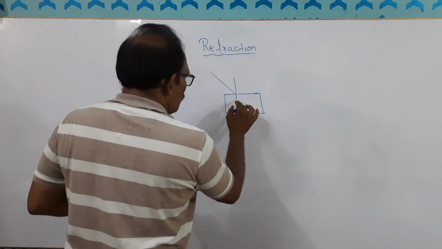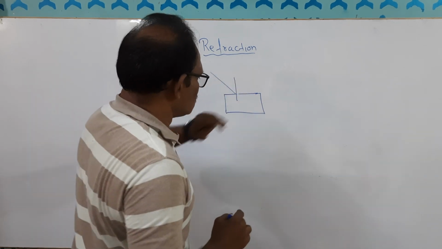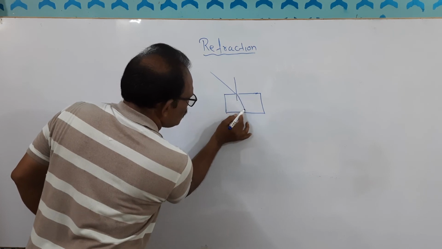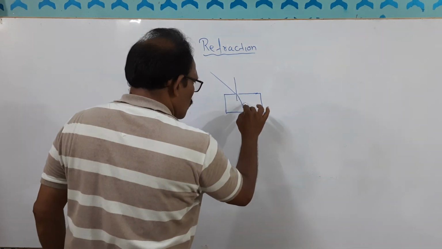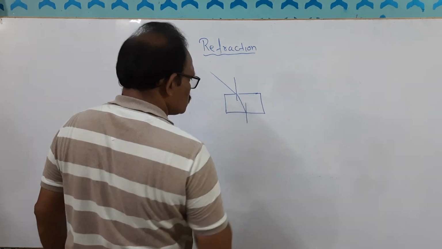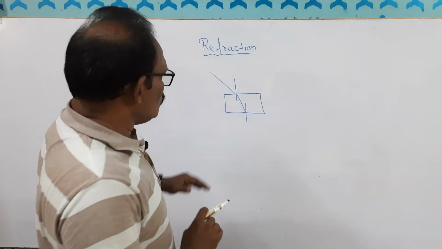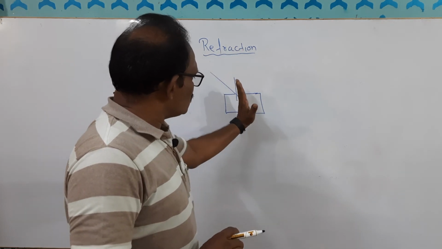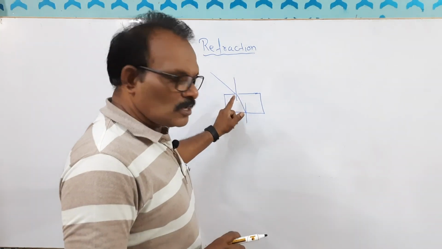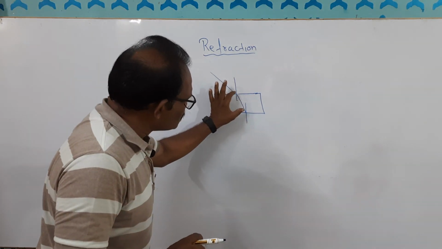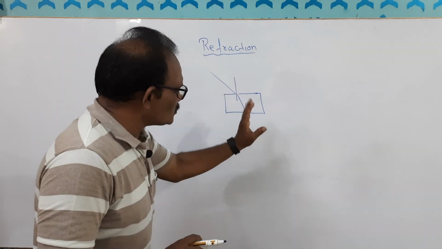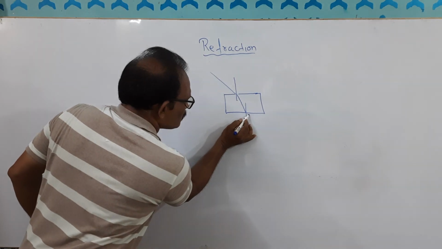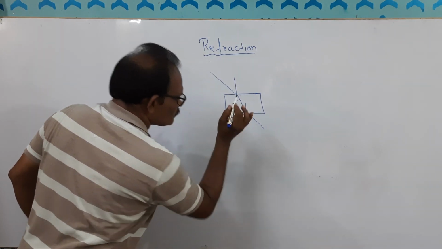Now what I said, this is rarer medium and this is denser medium. So it will bend towards the normal. Again here you draw one more normal line. I told you when a ray of light crosses from rarer medium to denser medium, it will slightly bend towards the normal. Again, when the ray of light crosses from denser medium to rarer medium, it will bend away from the normal. So again it will go like this.